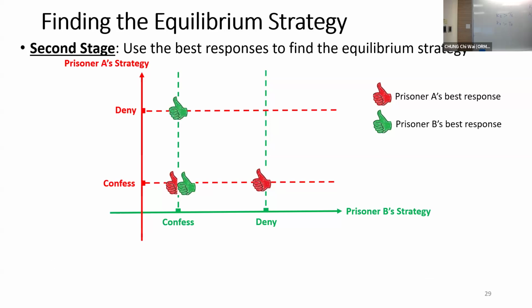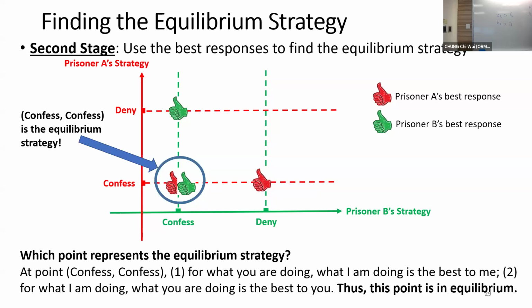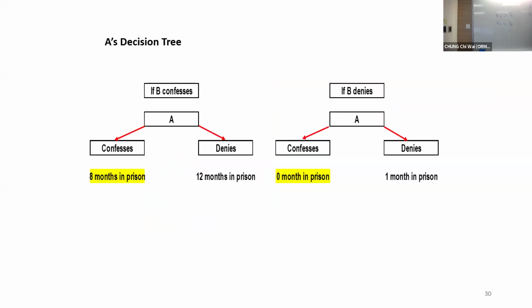So here is a point which is the best response of the two players. Now go back to the table. So here I use a tree diagram. So there's another method to get the best response of the players.